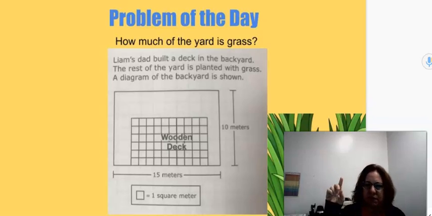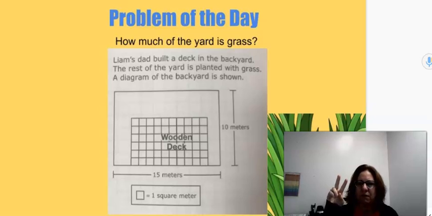We also need to figure out the area of the wooden deck. How are we going to figure out how much is grass? Right, we are going to subtract the area of the wooden deck from the total area of the yard. Good job.